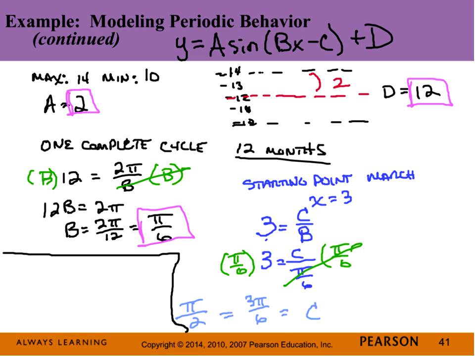To write our equation, we just have to have our A, B, C, and D. And now the equation that models the hours of daylight is y equals 2 times the sine of pi over 6 x minus pi over 2, plus 12.